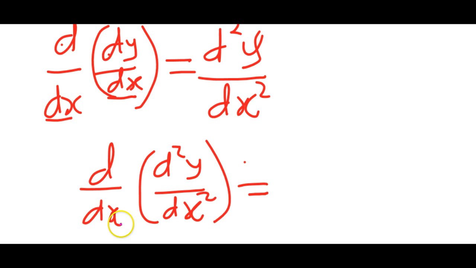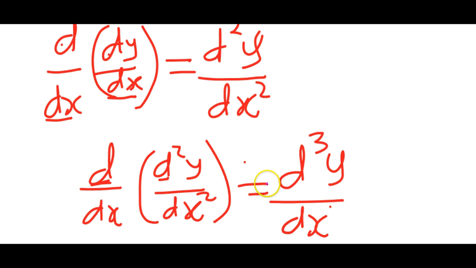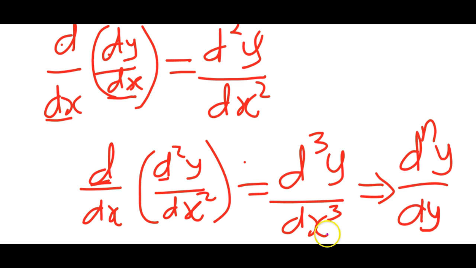Then d times d squared will give me d cubed, divided by dx cubed. And so this can continue until, if I differentiate to the nth time, I have d^n y over dx^n. And that's the notation we normally use for higher order derivatives. So you have the first order derivative, the second order, third, fourth, and so on and so forth.